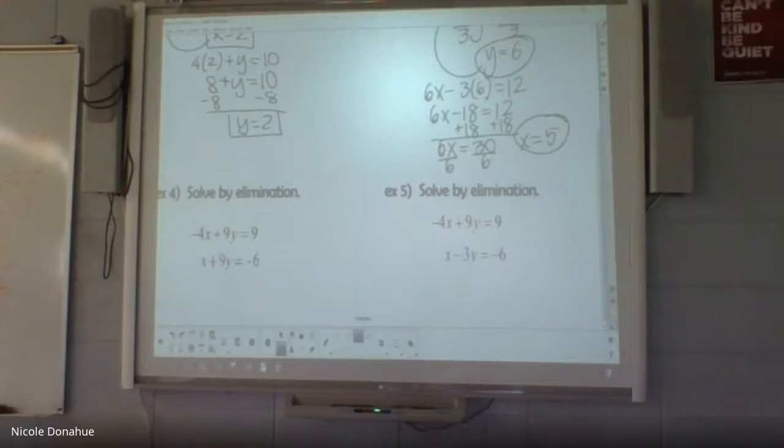And I think this should be a negative 15. Put negative 3 up. I think this one is just a little bit off. Not quite there. All right.